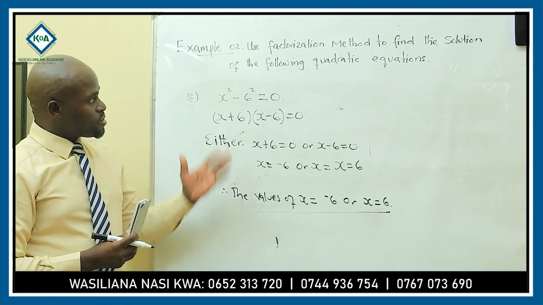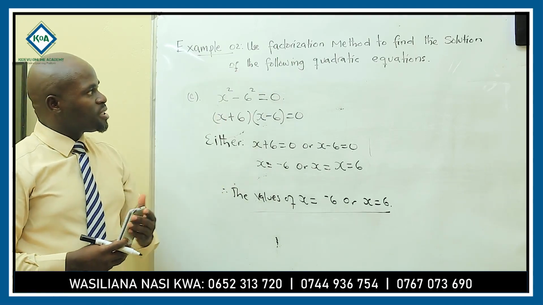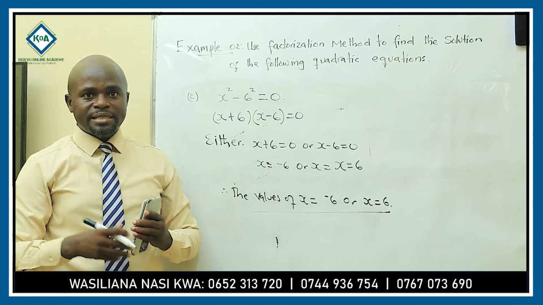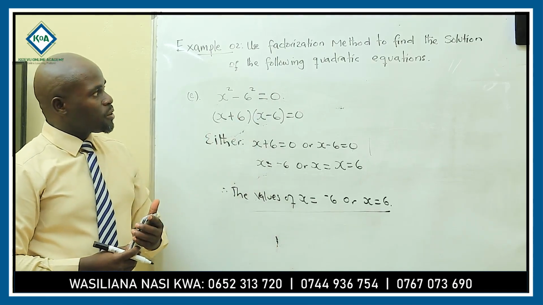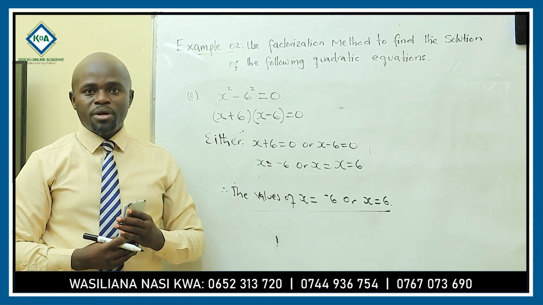Thank you very much, and this will be the end of solving quadratic equations by factorization method. Don't miss the next lesson, whereby we go to the second step of solving these quadratic equations, and this will be by completing the square method.